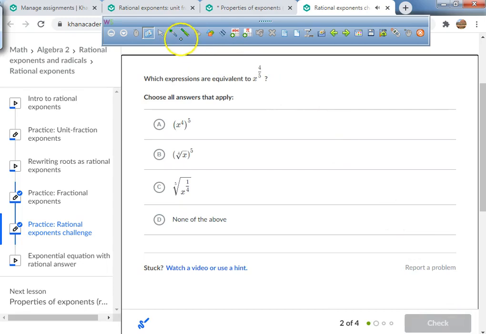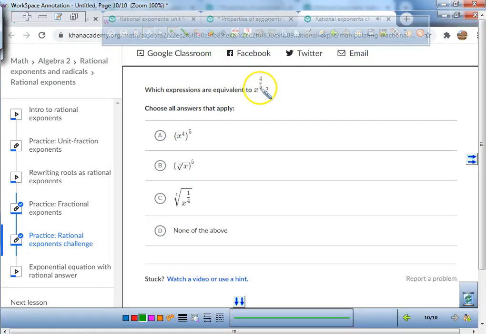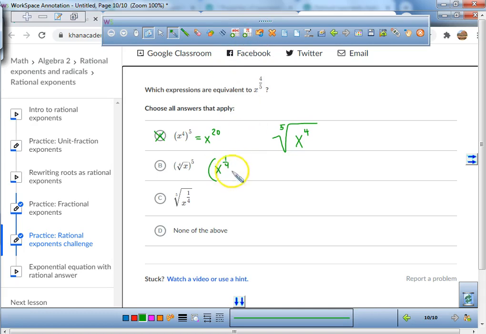Okay, let's do another one. So this is x to the power of 4 over 5. So that could be, if I made an index, this would be a 5, this would be a 4. All right. So this would be x to the power of 20, so that's not going to be it. This would be x to the power of 1 over 4 times, oops, because that's a 1 there.